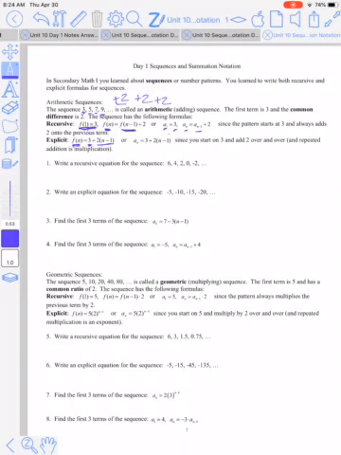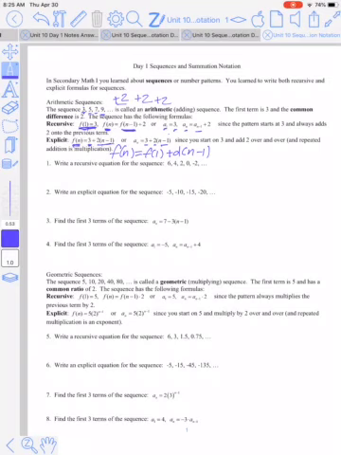In subscript notation, it looks just the same. Again, we have the first term, and we have our common difference of 2 times n minus 1. We could, in general, write it like this: f of n equals f of 1, which is our first term, plus the common difference times n minus 1. It's just a general equation.